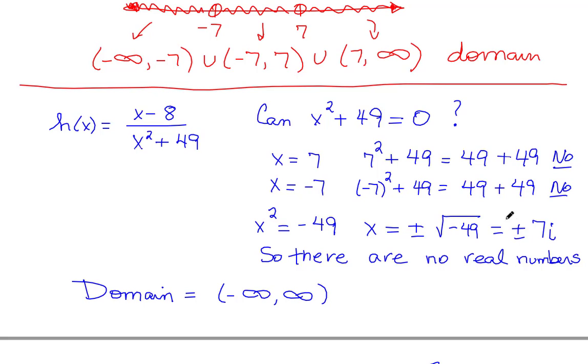So there's nothing to remove from my number line. And if there's nothing to remove, then the domain is everything. All right, so 3 very similar but yet different problems where we had a plus, a minus, and the first one did not have a square.